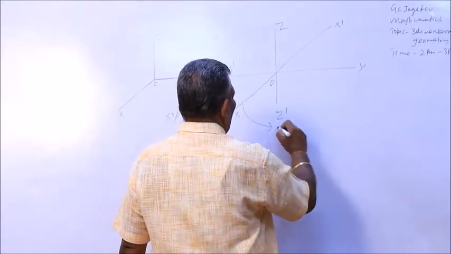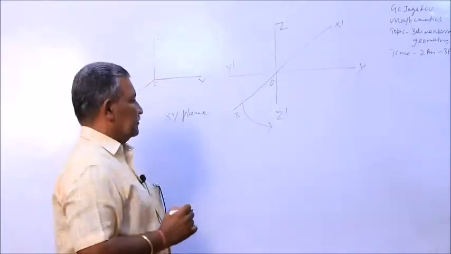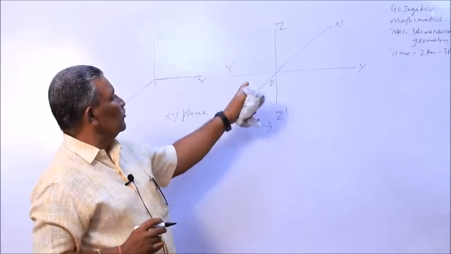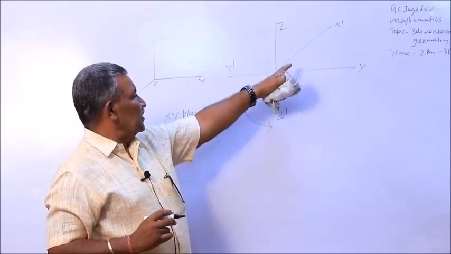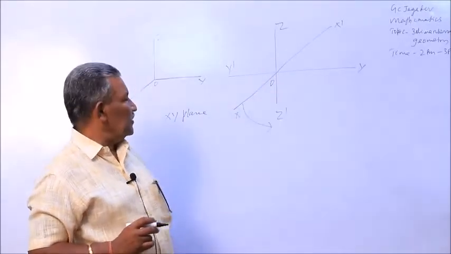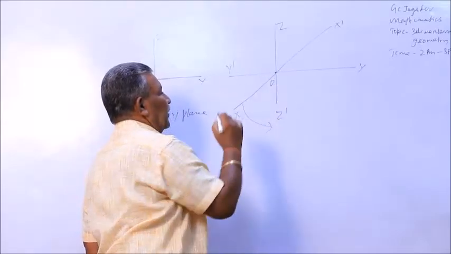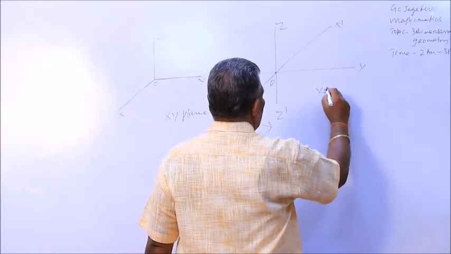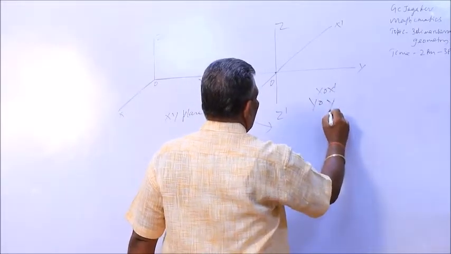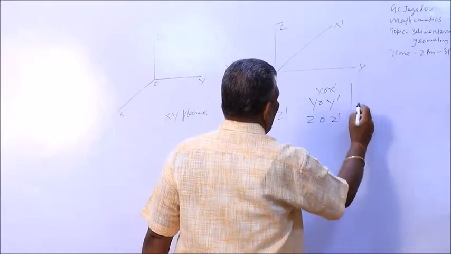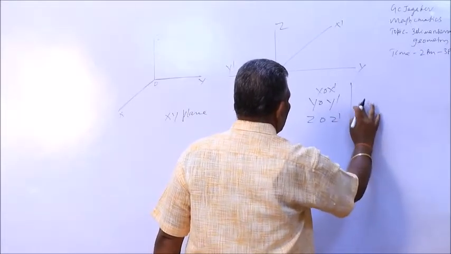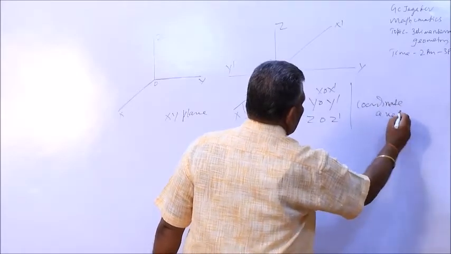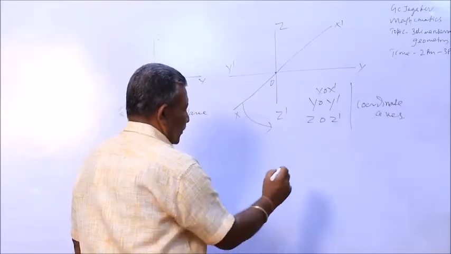That means OX, OY, OZ like this, so it will move in an anticlockwise sense. These three mutually perpendicular lines XOX', YOY' and ZOZ' intersect at a common point, which is called the origin. Your XOX', YOY', ZOZ' are the coordinate axes.